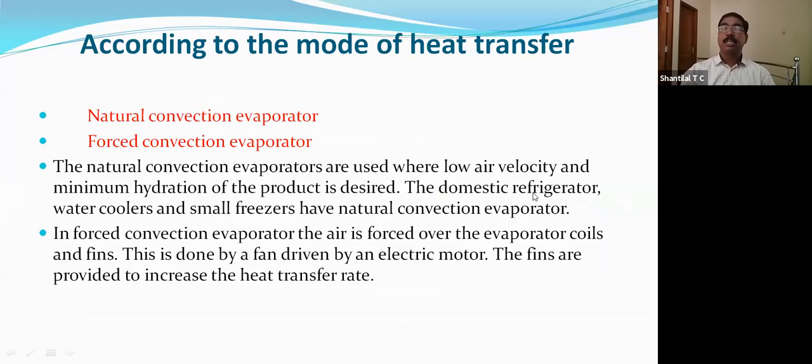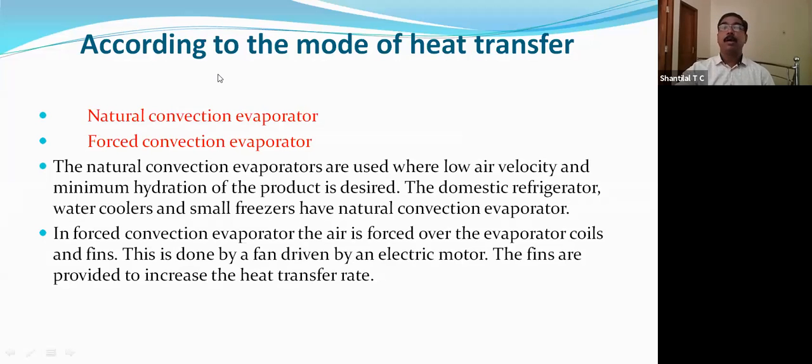The domestic refrigerator, water coolers, and small freezers have natural convection evaporators. In a forced convection evaporator, the air is forced over the evaporator coils and fins. This is done by a fan driven by an electric motor. The fins are provided to increase the heat transfer rate.